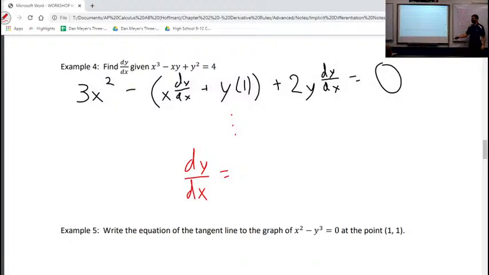So I started this problem. I want you to work through and finish it on your own. Just so you know what you should be getting, I have negative 3x squared plus y over negative x plus 2y.